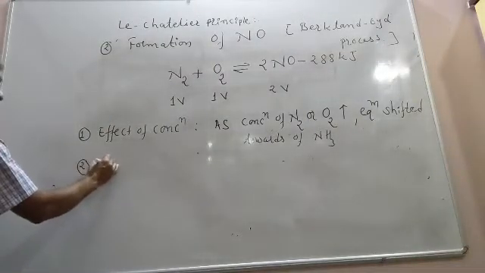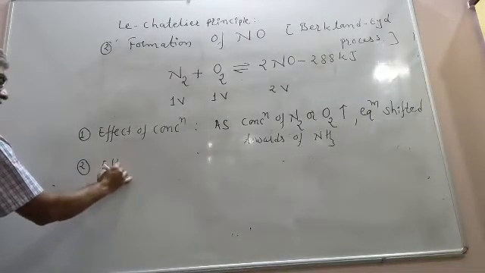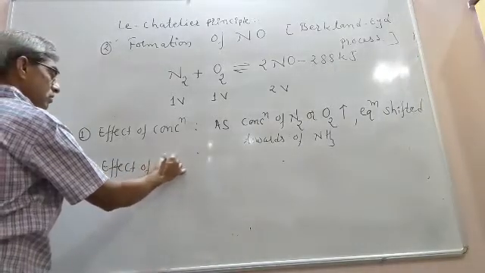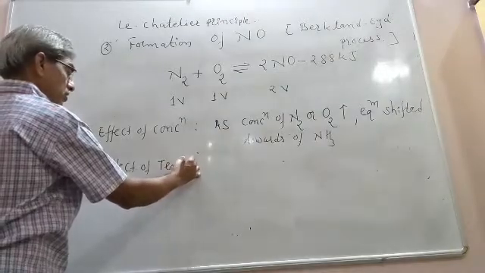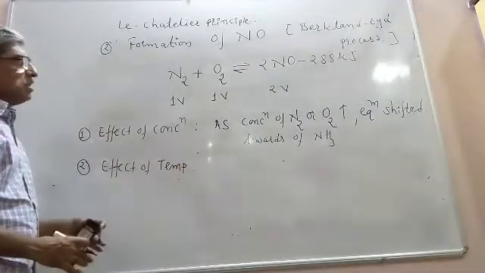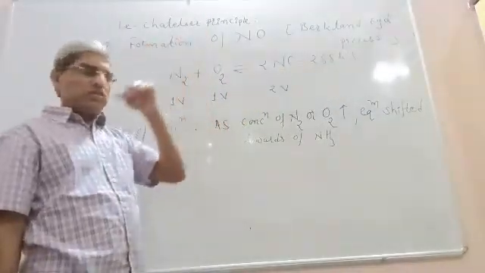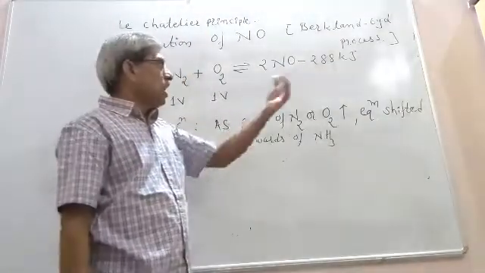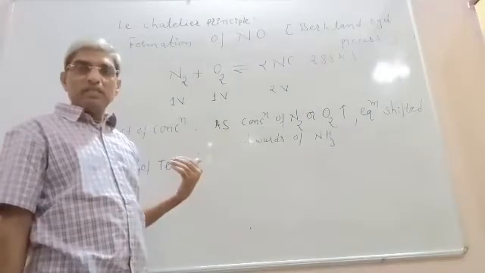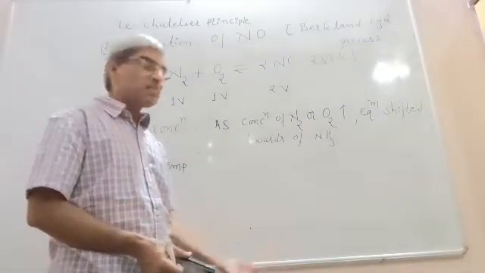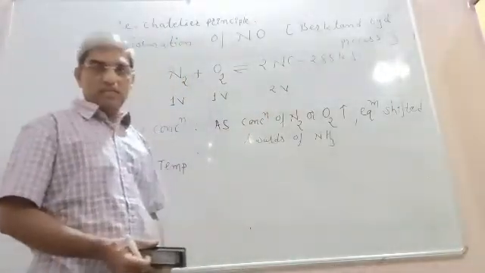Second factor, effect of temperature. As we know, the minus sign, already we discussed, absorbed heat is shown in an equation on the right hand side with a negative sign.